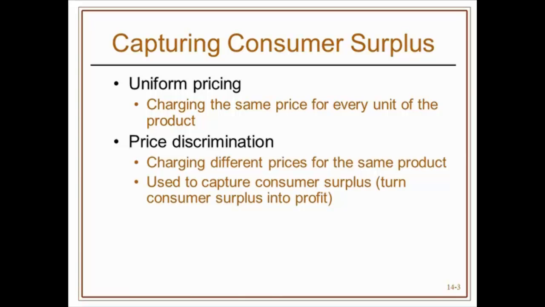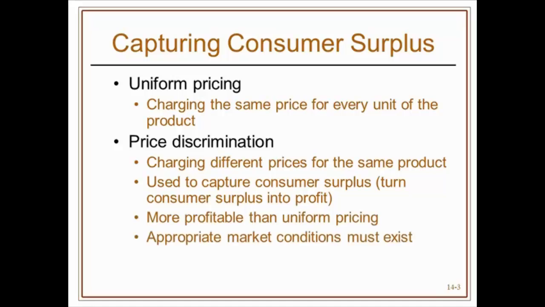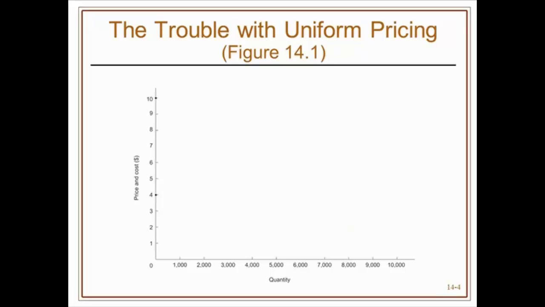So all of the surplus or the happiness that consumers got from being able to purchase at less than their willingness to pay, the firm is trying to turn that into its own profit. And of course, in a lot of situations, this is going to be a more profitable pricing technique than just setting a single price. Of course, it's not easy to do. There are certain particular conditions or assumptions that have to be met for price discrimination to be able to be practiced.